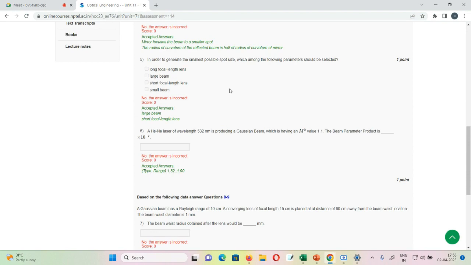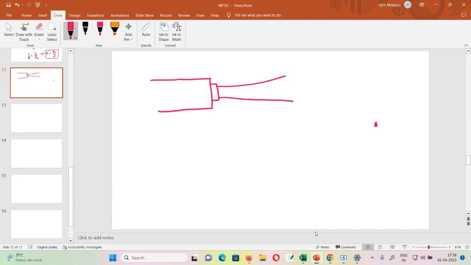The options are: a long focal length lens, large beam, short focal length lens, small beam. So now you see that you have a laser system, and you cannot change the laser system, but you want a small spot size. This is the question.